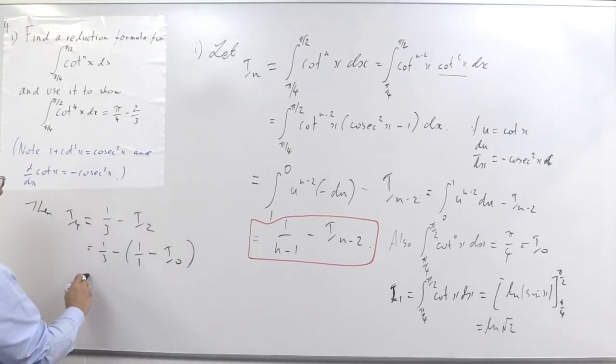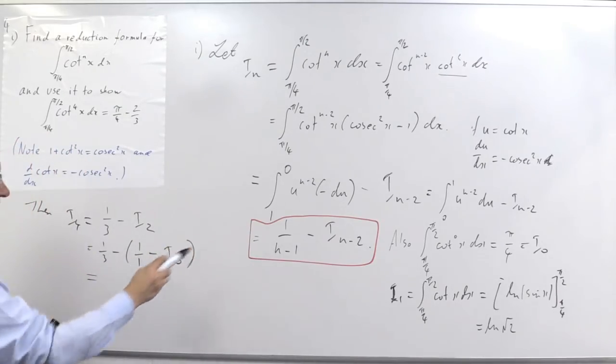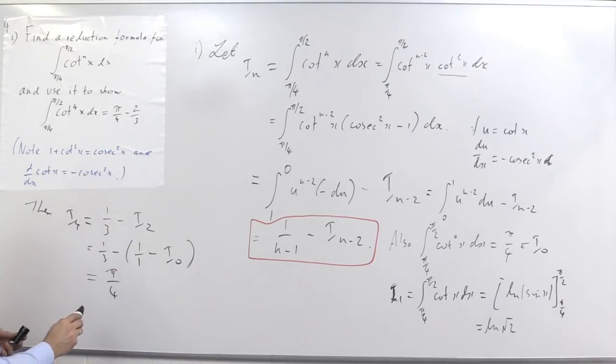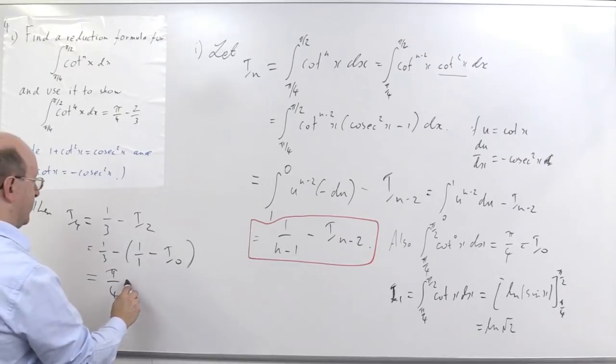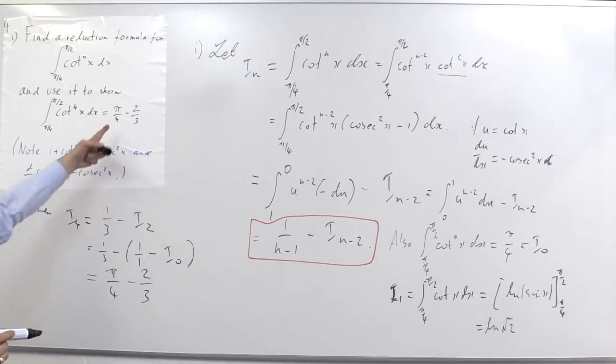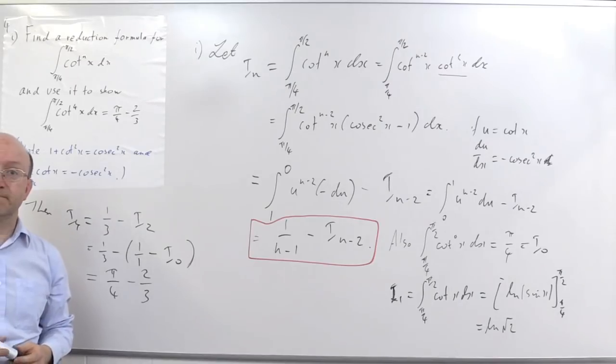So we're going to have I0, which we worked out over there was pi on 4, plus, well, a third minus 1 is minus 2/3, so we get pi on 4 minus 2/3, which is exactly what we were supposed to get.